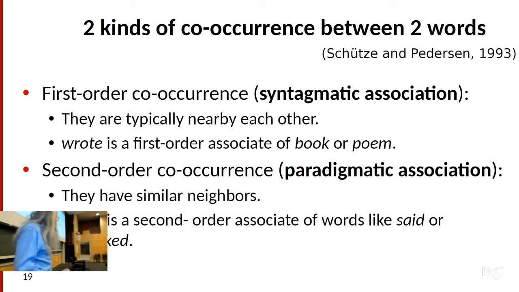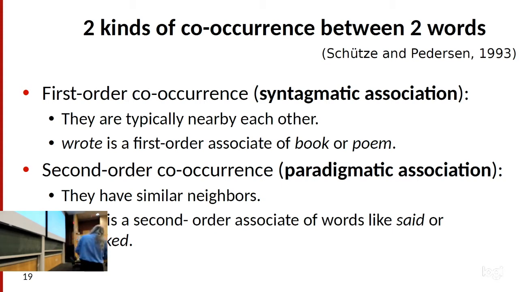So one of the things we could do is look at the first order co-occurrence. Let me make sure I get this right, because I always get confused. These are the words that are typically nearby, so wrote is a first order co-occurrence with poem, because you're likely to get the word poem or book near the word wrote, since poem is something that would be an argument to wrote.